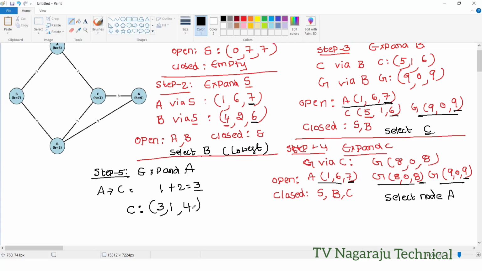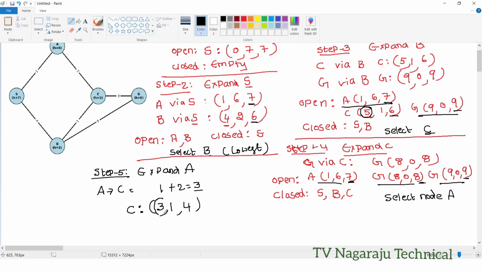Now the question is, if you understand the algorithm carefully, the closed already consists of C. Again I am getting one more value, 3, 1, 4. So what is the value of G? Previously the value of G was 5.